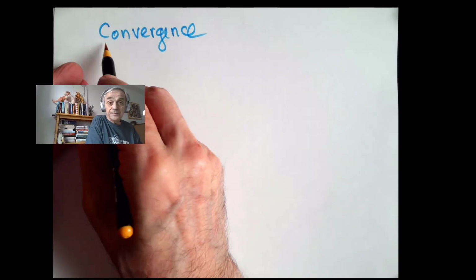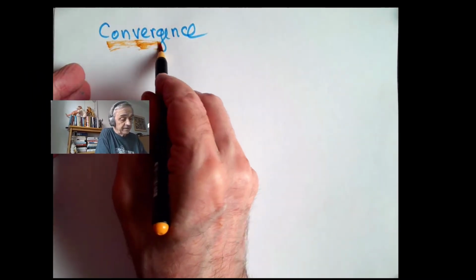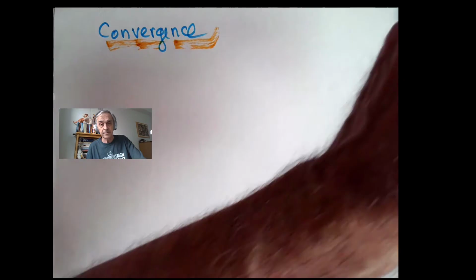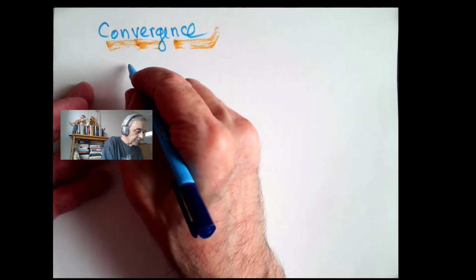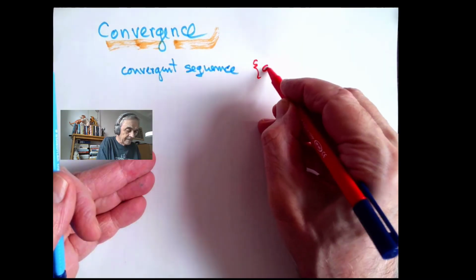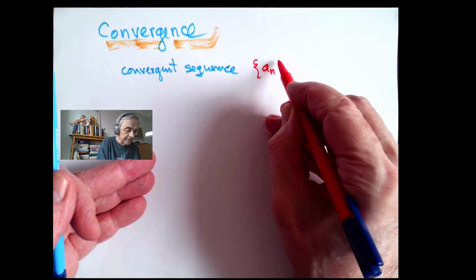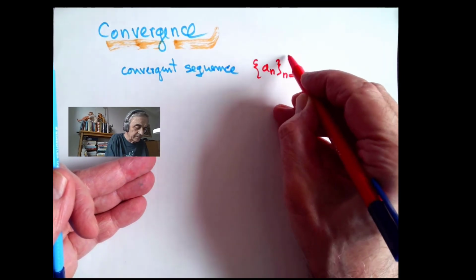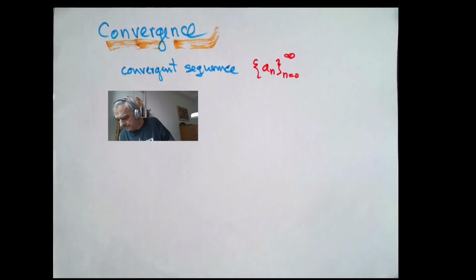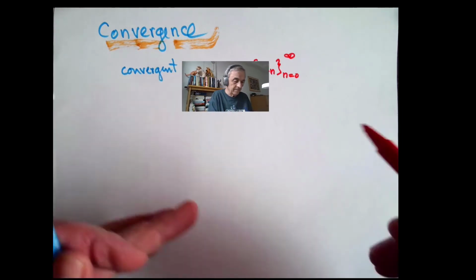What does it mean for a series to be convergent? So a convergent sequence of complex numbers a_n, n goes from 0 to infinity, or maybe 1.